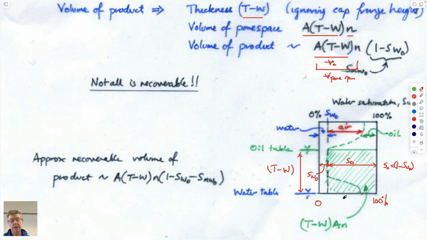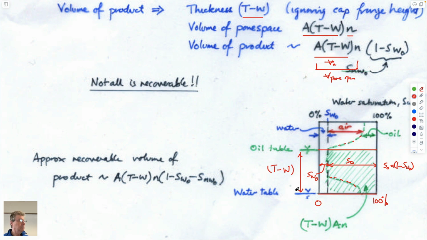And I suppose you could think that these actually have curves on them, so the saturation won't abruptly stop here. It would change into this portion of the chimney. But there would also be a saturation of the water that comes into here. So it's actually convenient for us just to isolate this whole block, ignore these dashed lines here and here that almost compensate for each other, and just take this as the volume.